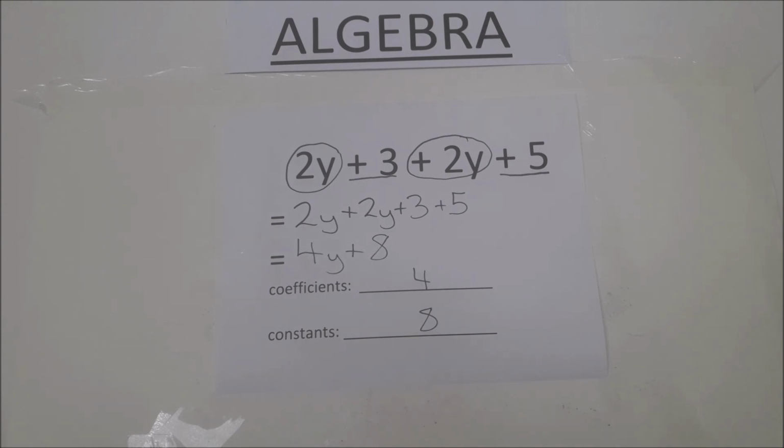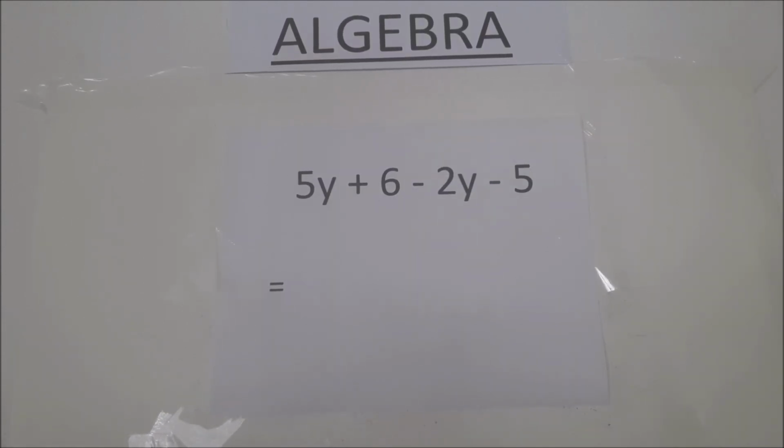I have coefficients, but that was dealing with the expression at the top. So at the top, 2y plus 3 plus 2y plus 5, the coefficients were 2, +2 and +2. If you're looking at the constants at the top, the constant would be +3, +8. So those were the answers we were looking for at the beginning. Okay, so your answer is 4y plus 8. Let's move on.